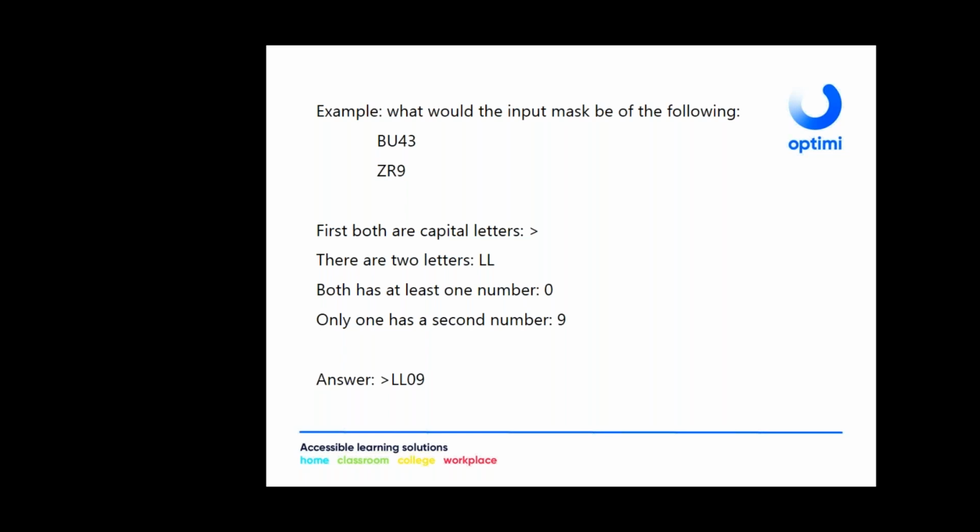Therefore, it's the 0. And then only one of those two codes has a second number, which tells us a second number is optional. In other words, that is a 9. And therefore, the answer will be uppercase LL09.